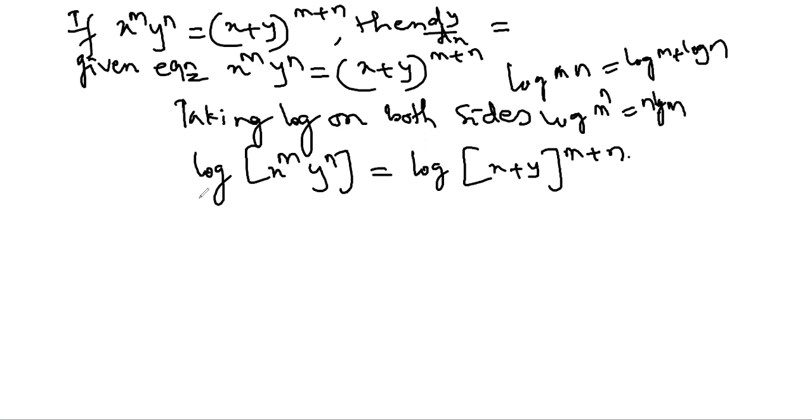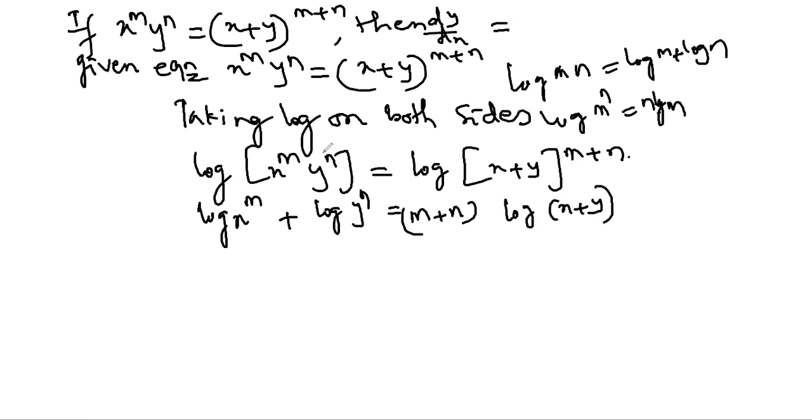So here, log of x to the m into y to the n is log x to the m plus log y to the n, is equal to, here I applied log m raised to n is n log m, that is (m plus n) log of (x plus y).